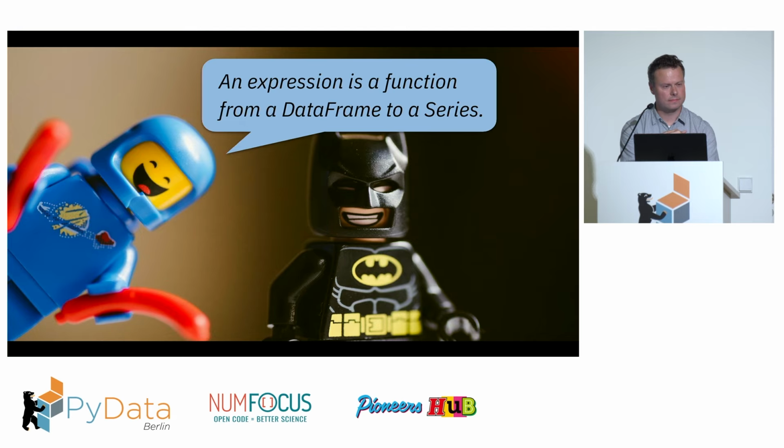Is expressions method chaining? You are method chaining, yes. When you're using a dot, you're method chaining. Now, with these namespaces, there are additional dots, right? So you have to get used to that.